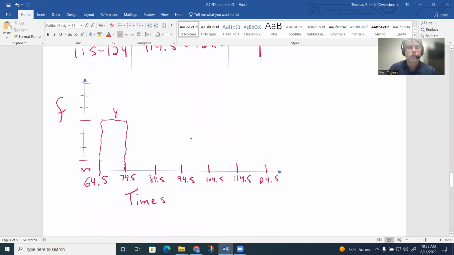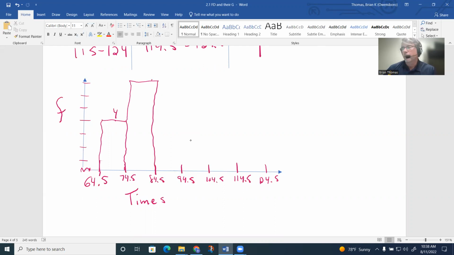So 74.5 to 84.5, we had 7 heart rates there. If I count up to 7, 1, 2, 3, 4, 5, 6, 7, I'll come across here. I'm going to extend this up because I'm sharing the same boundary there. Go up to 7, come over, and draw straight down to 84.5.